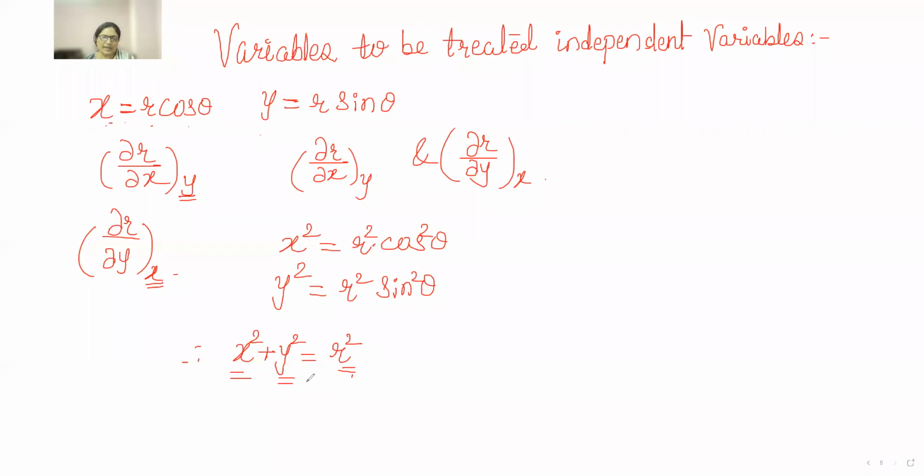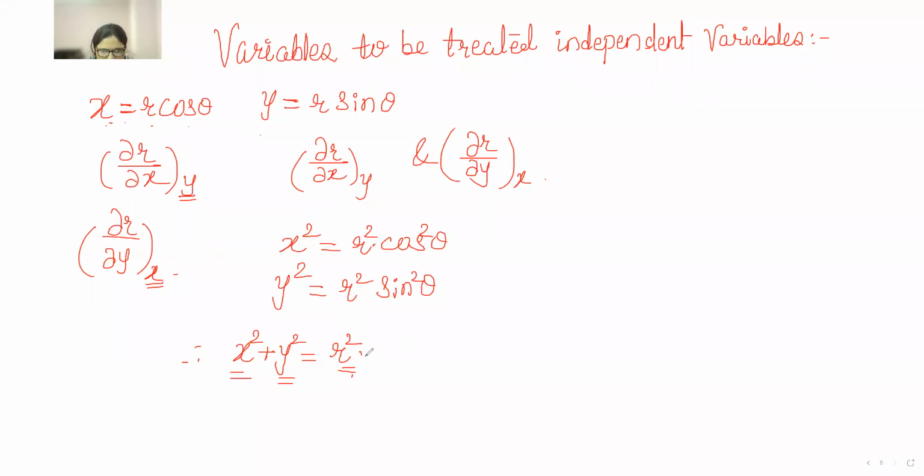So before taking the derivative, first convert the given function in terms of r, because x is a function in r and theta, y is a function in r and theta. Now for taking the derivative of r with respect to x, keeping y constant, and the derivative of r with respect to y, treating x as an independent variable, we have to convert the given function in terms of r.